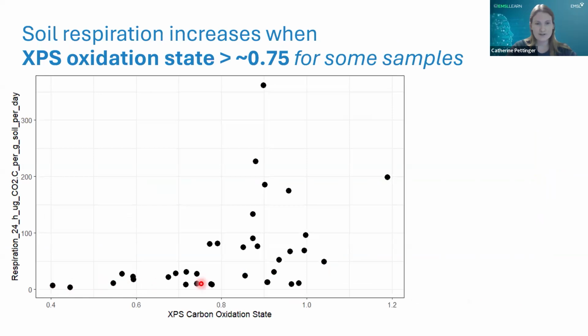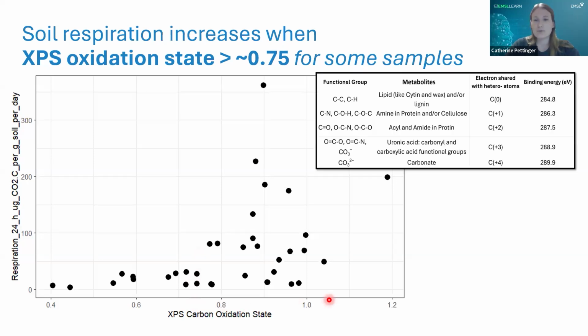is fairly low until you hit 0.75. Then some of our samples really take off, some stay lower, but we don't see a lot of increased soil respiration unless you get to this oxidation state of 0.75. I'm still working out why that might be, or if there are other factors that are more important.